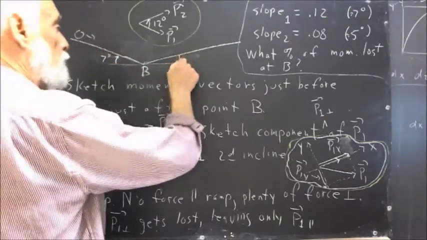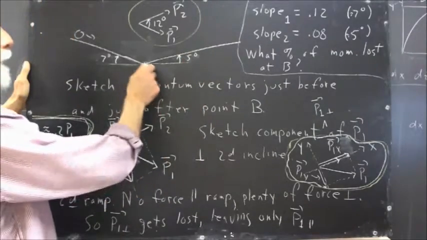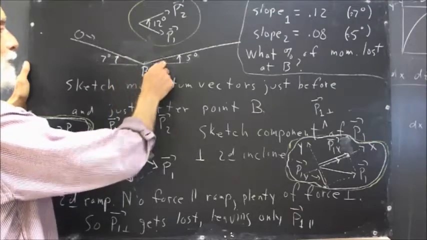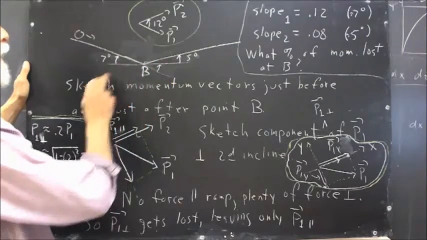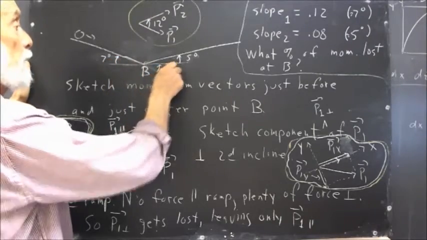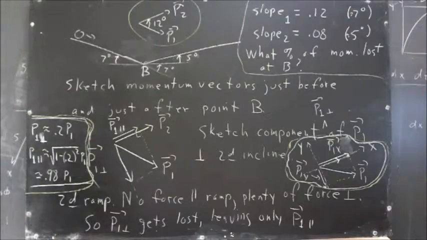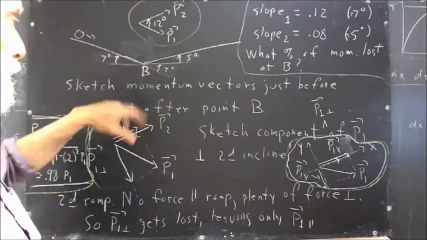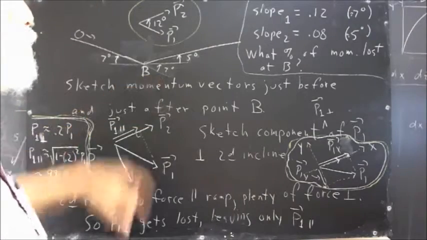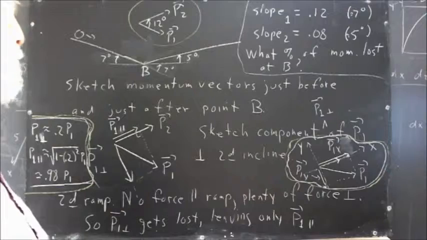If this is 7 degrees and this is 5 degrees, we extend this a little bit, and this angle is the alternate interior angle with this one being 7 degrees. 7 degrees and 5 degrees gives us 12 degrees. And that's basic early high school geometry.